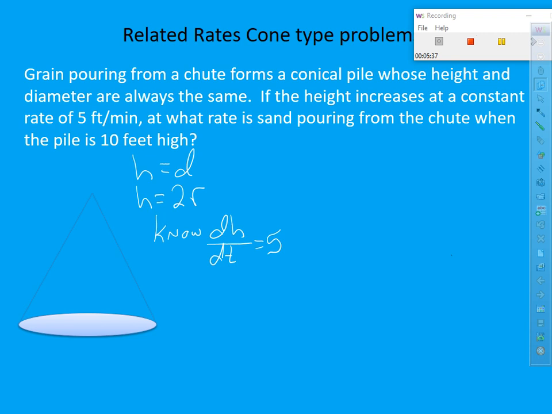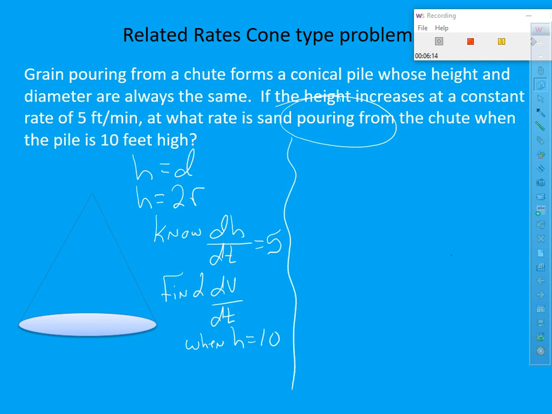To figure out what we're looking for here, anytime you're pouring something in, pouring something out, drinking, dumping, you're changing the volume. So, at what rate is the sand pouring from the chute? I would like to find dV/dt, and I'd like to find that when H is 10. So, there's my information that I'm going to be working with. Kind of just like we did last time.